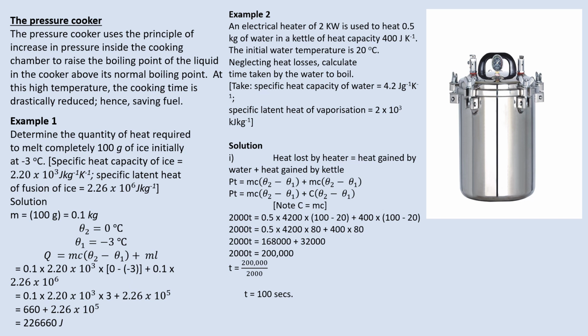What are the parameters given? The mass of the ice is given to be 100 grams, which we need to convert to kilogram. When that is divided by 1000, you get 0.1 kilogram.